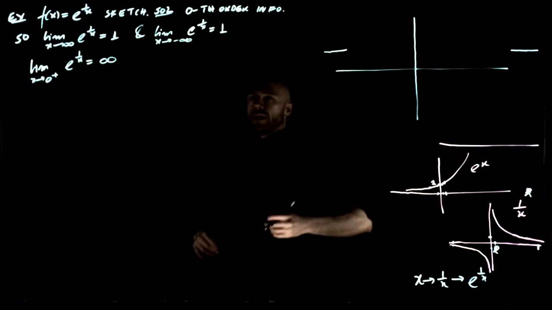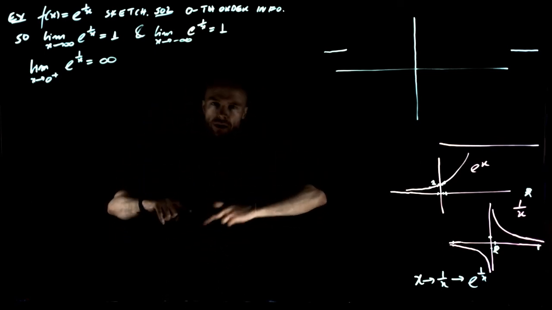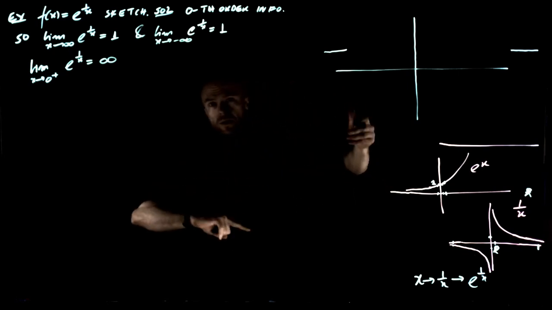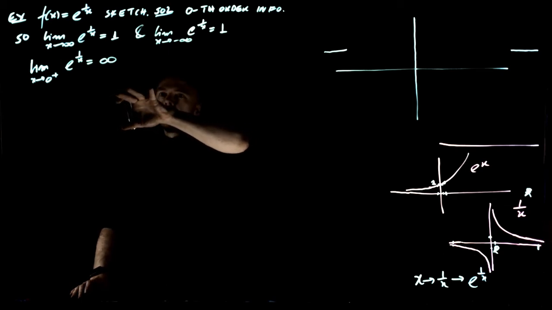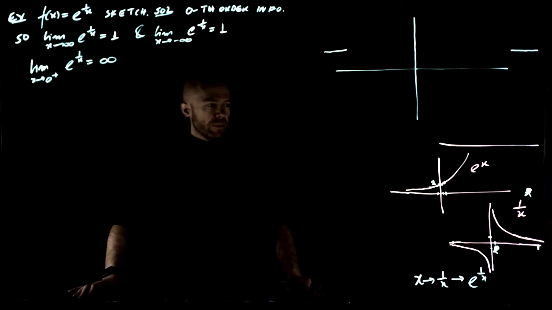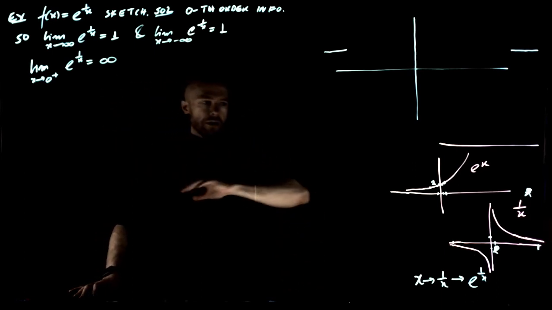And if we took 1 over 1,000,000, then applying 1 over x gives us 1,000,000, and e to 1,000,000 is huge, right? So you can be absolutely sure of these things. You don't have to guess. This is something you can be absolutely confident of when you work them out. So this guy we know.